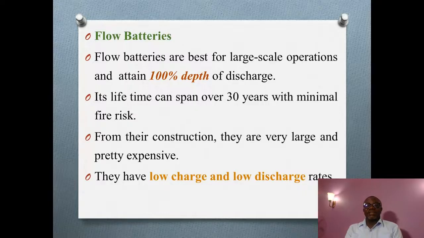And when you are charging it, you don't need very high energy to charge the system, and it can discharge very slowly. In other words, an equivalent charge of a typical lithium ion can give you a longer time when it is a flow battery.